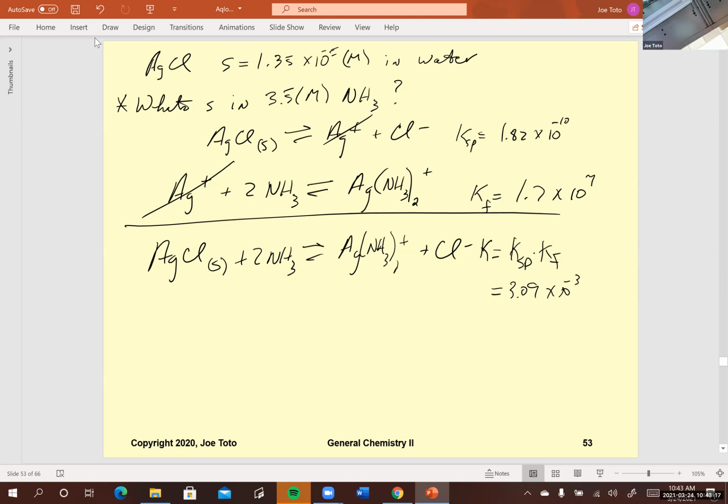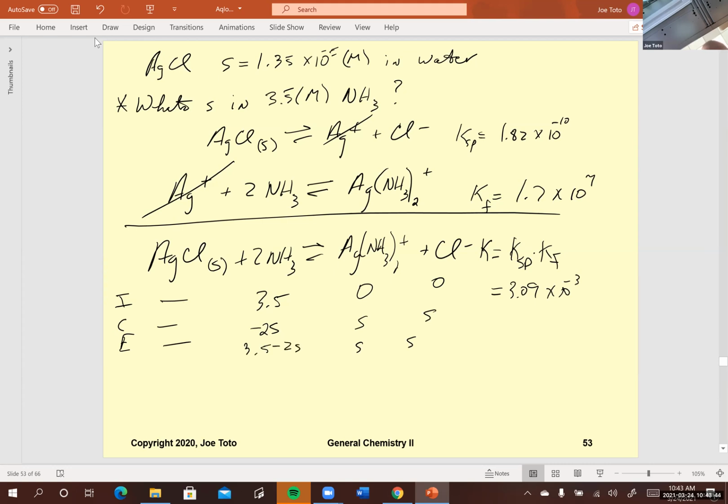Okay, so now if I'm in 3.5 molar, how does that change my ice table? This is a solid. I got 3.5 molar ammonia. This is 0, 0, minus the 2s, 2 times solubility S, 3.5 minus 2s.